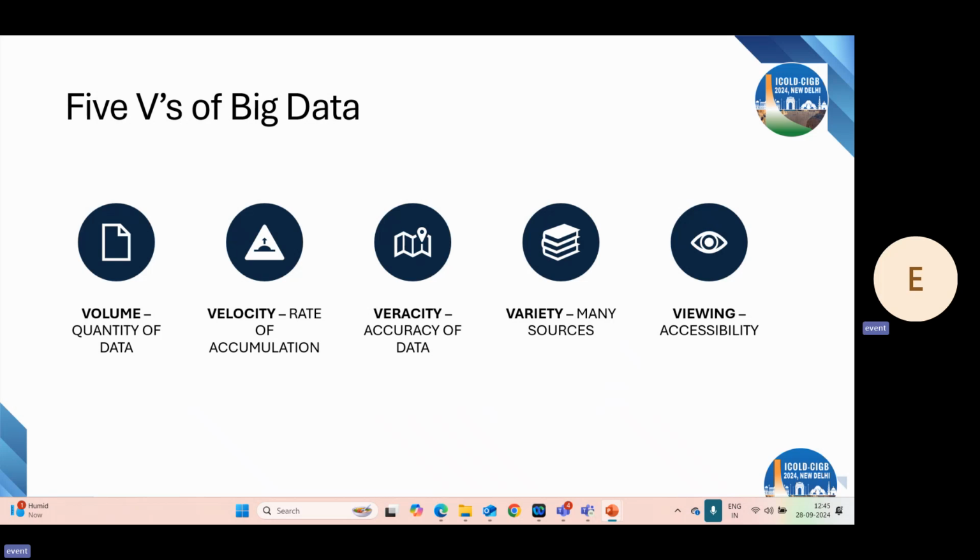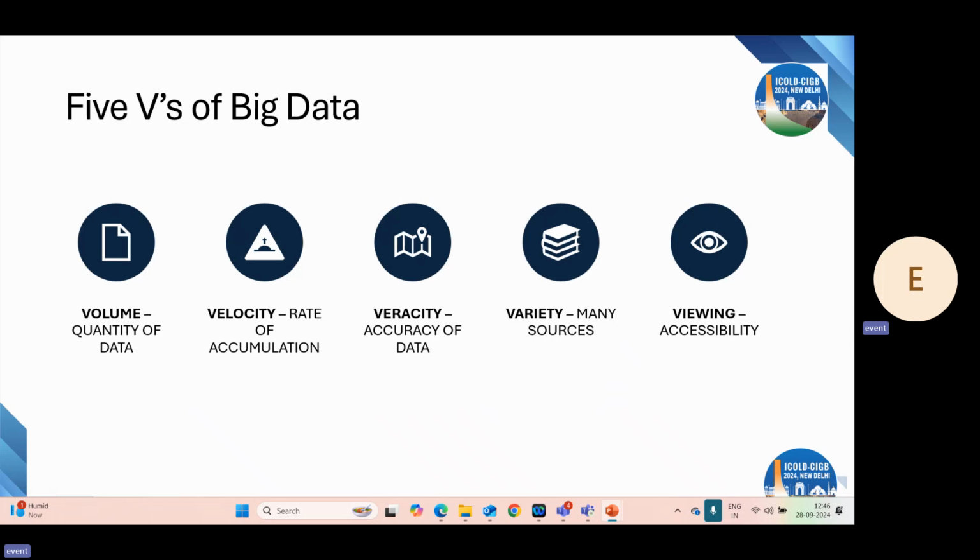The 5 V's of big data. Like I said, we have so much data coming in that it's no longer qualified as just data, it is big data. So we have volume and velocity. Volume is the quantity of data, velocity is the rate of accumulation, whether it's hourly, daily, or every 12 hours. Veracity is the accuracy of the data. We'll get into more of each of these in the next presentation.